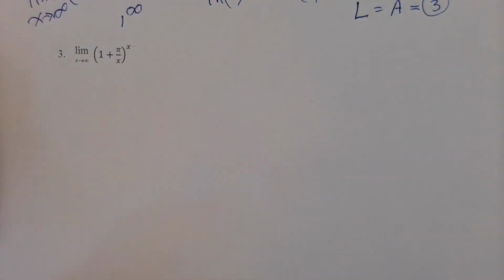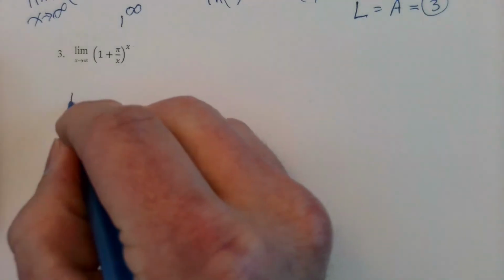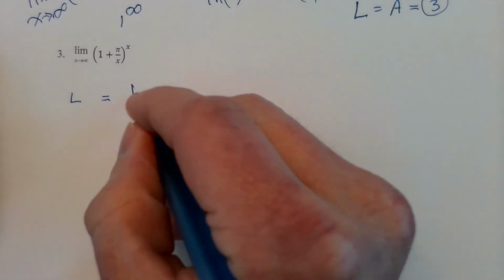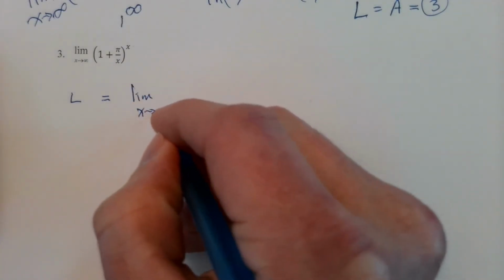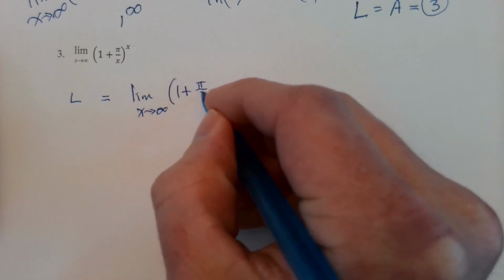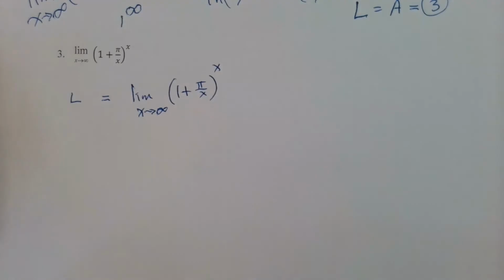Okay, the strategy to this is very similar to the previous problems. We assume it exists, we let it equal L, and we take the limit as x approaches infinity, just write it down again, and then take a natural log on both sides.